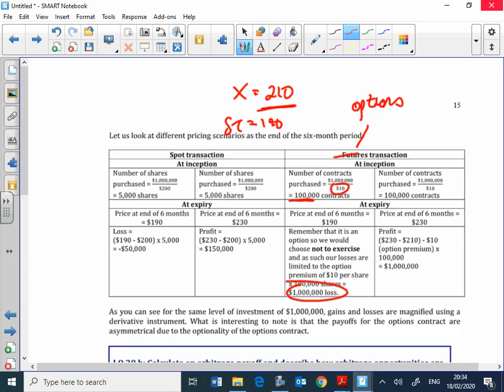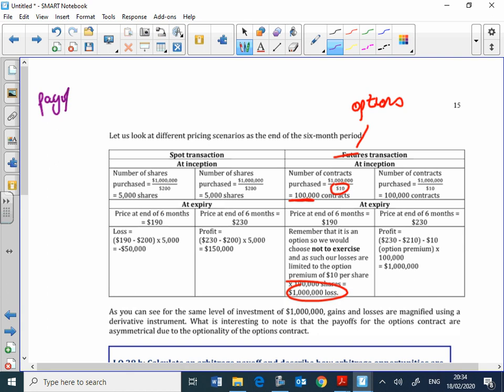Okay, now, what about if the price goes to 230? Now I just want to show you a quick calc. You've done it already, but I just want to bring back some, hopefully, good memories. Who wants to help me with the calc? Let's do payoff first.